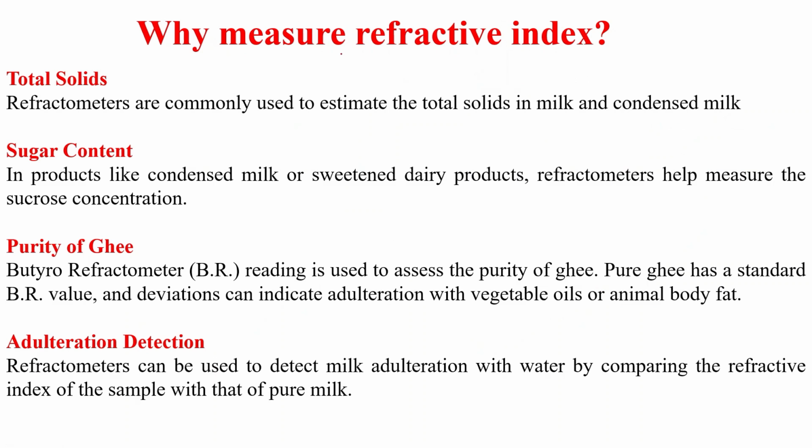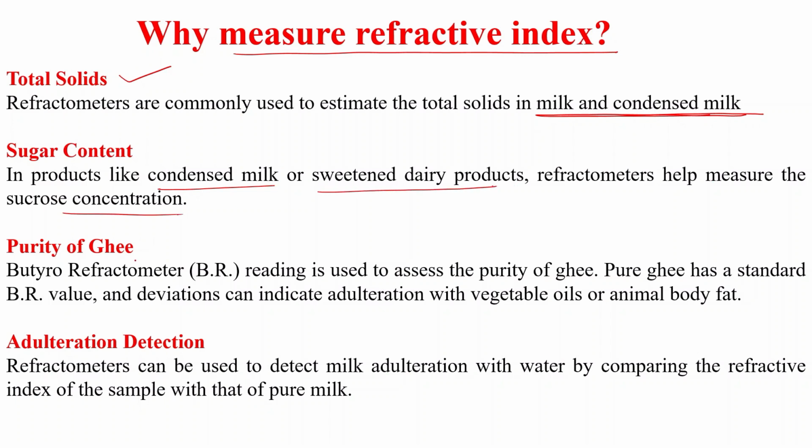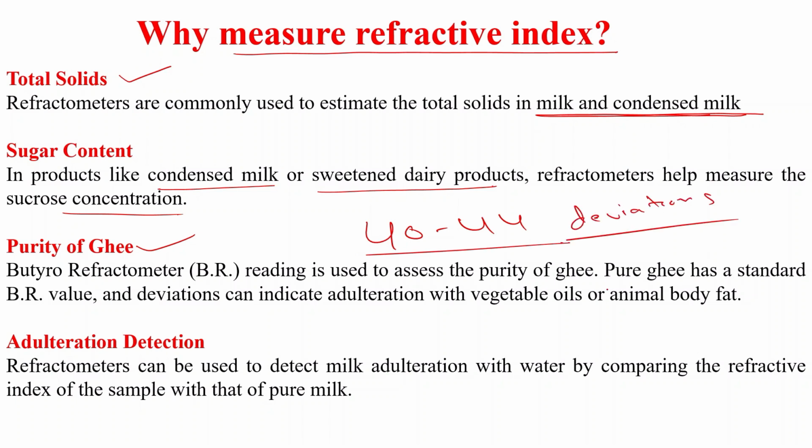So why measure the refractive index? Again, we have covered it, just to repeat: we can determine the total solid content of milk and condensed milk quickly and accurately. We can determine the sugar content in condensed milk or sweetened condensed milk. If you want to measure the sucrose content, that also can be done. And for the purity of ghee, I have told you that FSSAI has given a standard of 40 to 44 for ghee, and any deviation indicates adulteration.